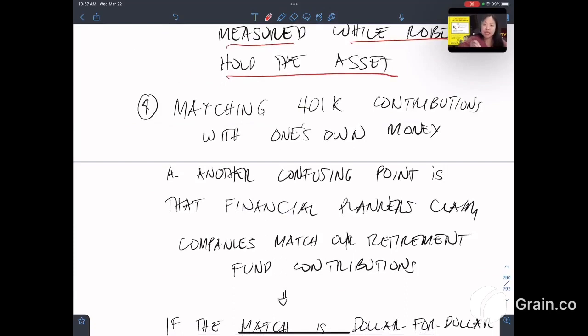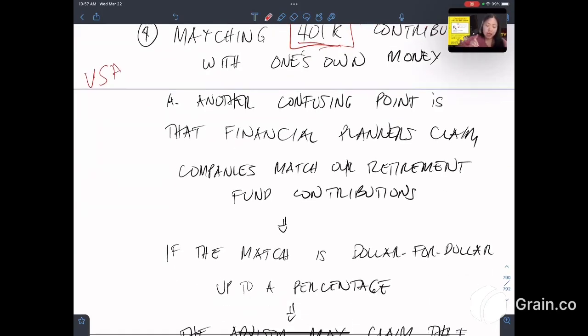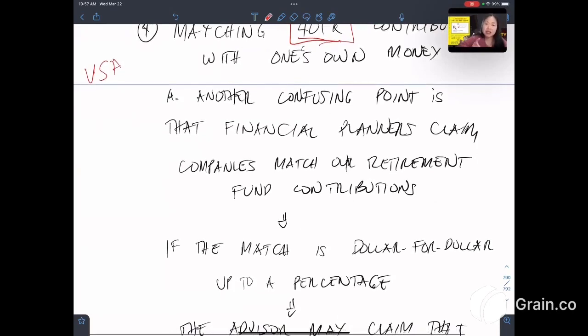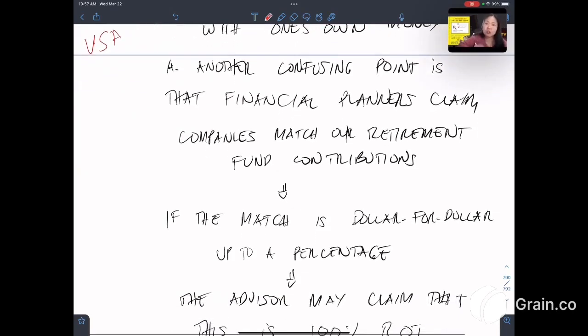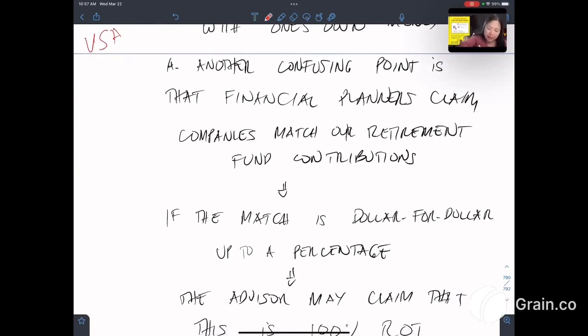matching 401k contributions with your own money. In America, in the USA, it is very common that if you work for an employer, there is a thing called 401k. It's a retirement account that the big employers offer to their employees. Now, Robert says that another confusing point is that financial planners claim that the companies match our retirement fund contribution.